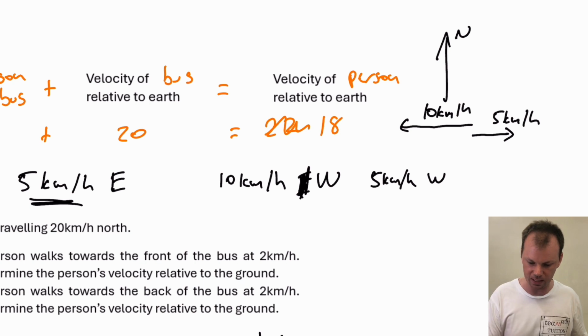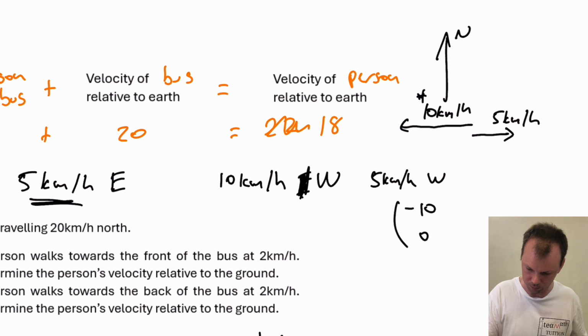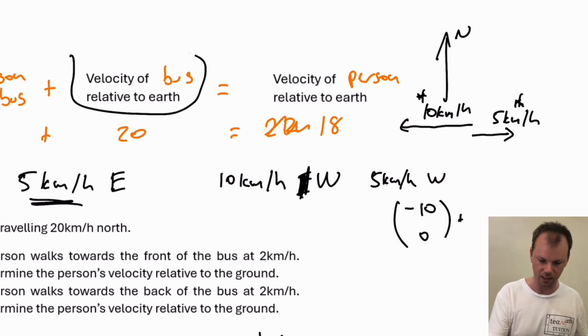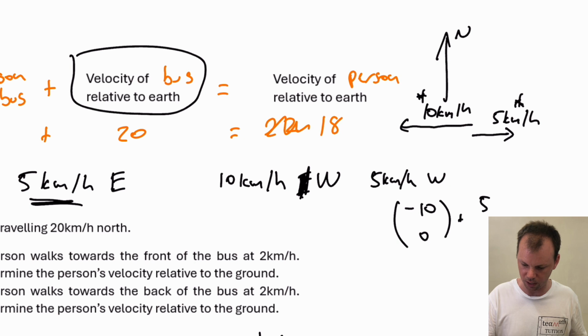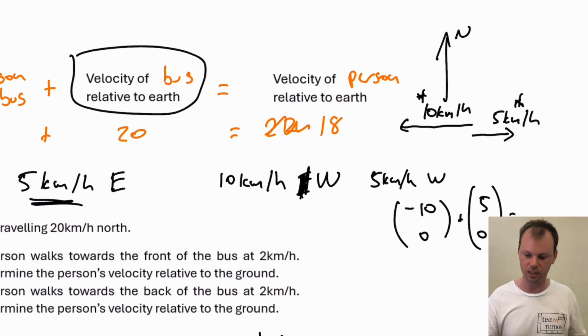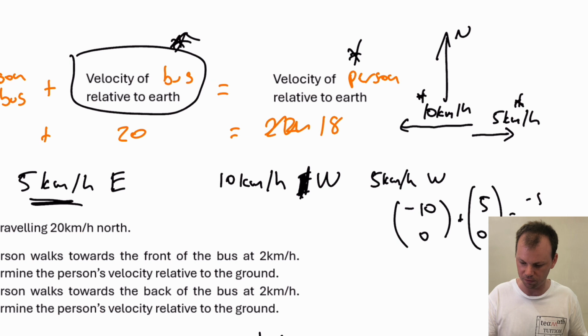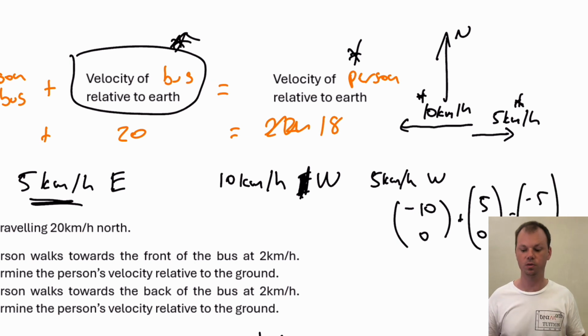If I wanted to add these two things, we've got the person's velocity relative to the water, which is -10, 0, plus the speed of the water relative to the ground, that's like this component here, which is 5, 0. And that's going to equal the velocity of the person relative to the Earth, which will be negative 5, 0, or 5 kilometers per hour in a west direction. So that's how we show this.